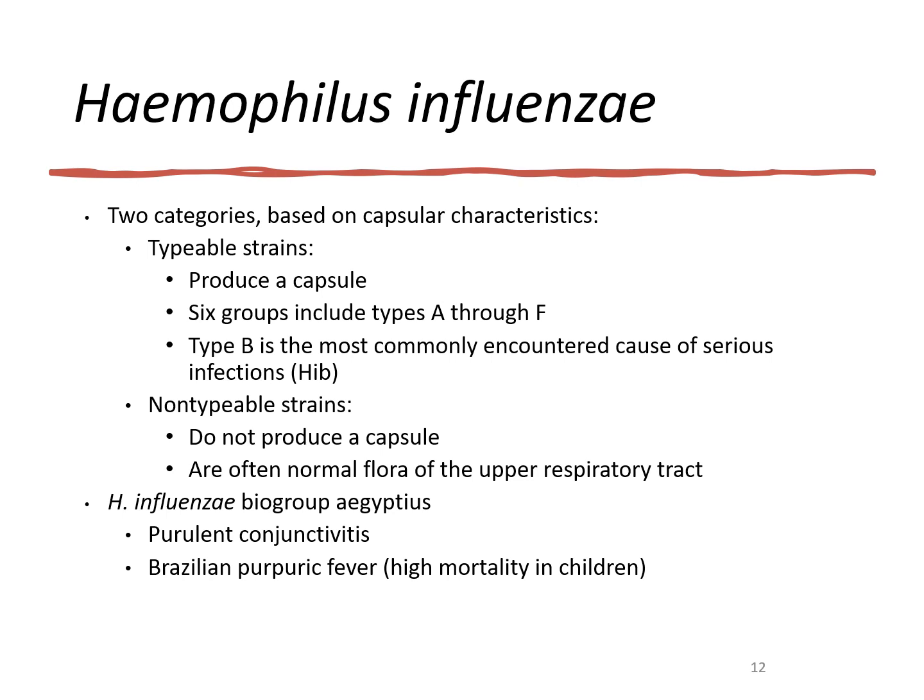There are also non-typable strains, which don't produce a capsule and are most often associated with normal upper respiratory tract flora. Then you also have a biogroup of Haemophilus influenzae that can produce infections as well, which you will occasionally see in culture.